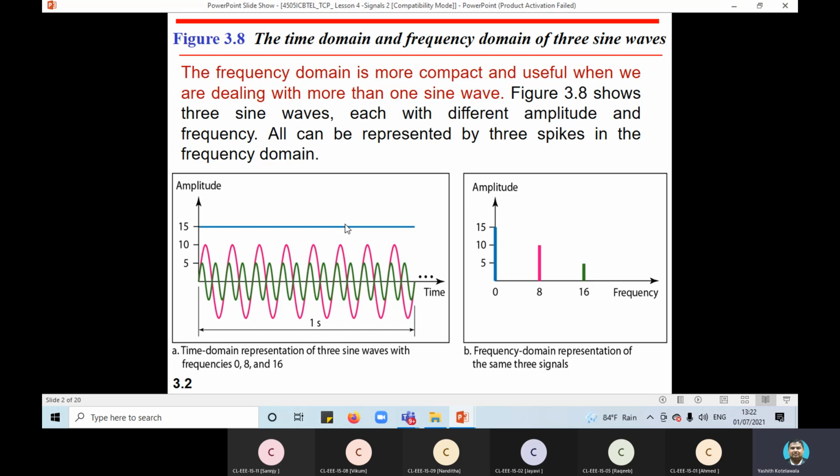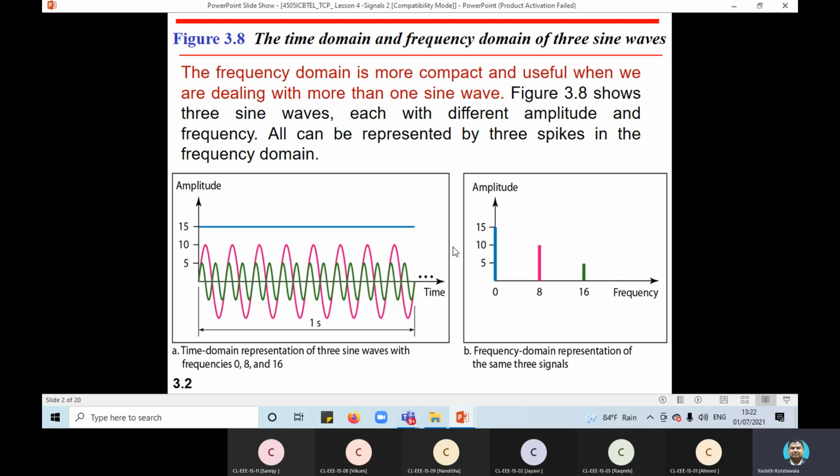Everybody knows how to draw, how to plot a direct current component. But in frequency domain, always direct current components comes on top of 0 hertz and having a particular height appropriate to whatever the amplitude. So this is where we stopped at the last discussion.